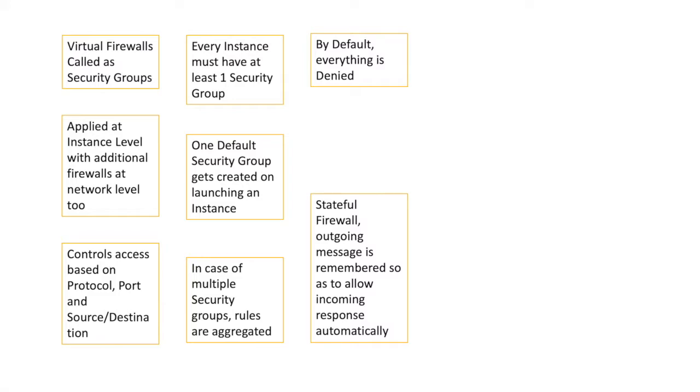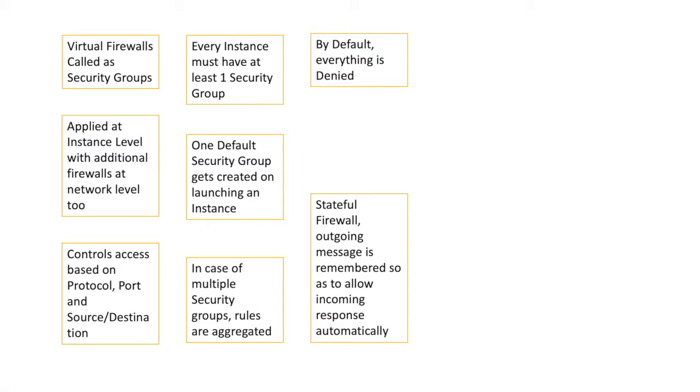Very important to note, this is a stateful firewall. Note this word stateful because we are going to study in future about network ACLs, which we say are stateless. What do we mean by stateful? Any response which is going out from your instance, the instance actually notes it. It recollects it. It has the memory of what response, what message has gone out from the instance.